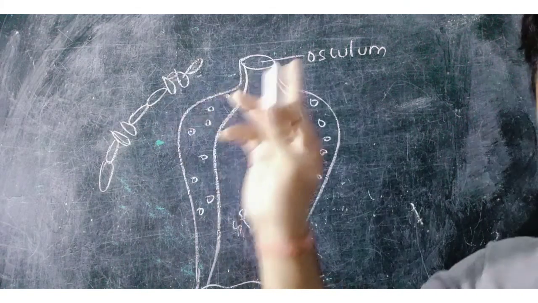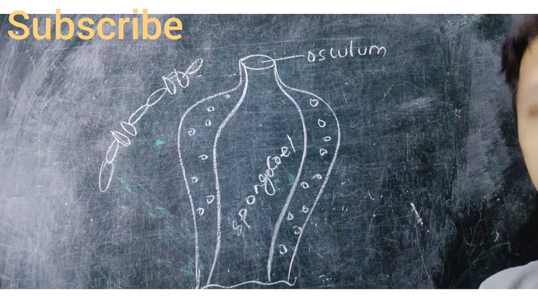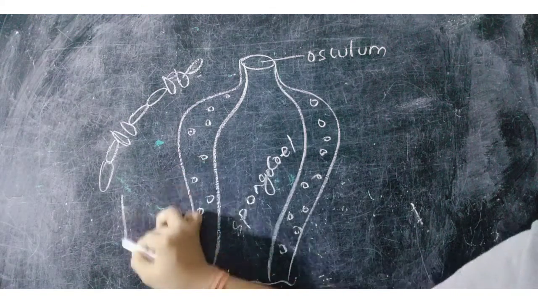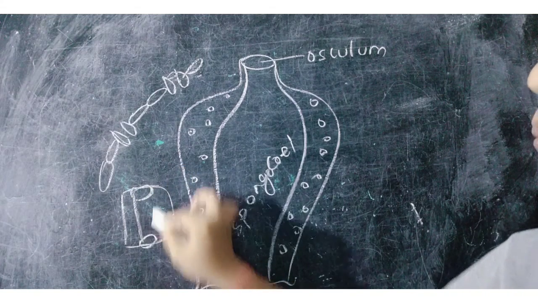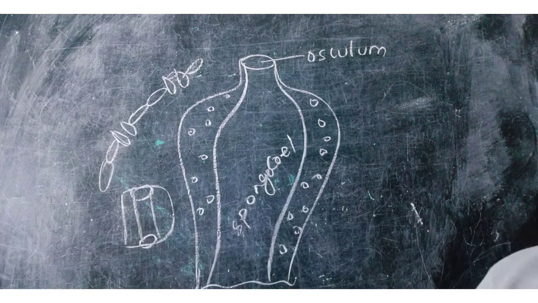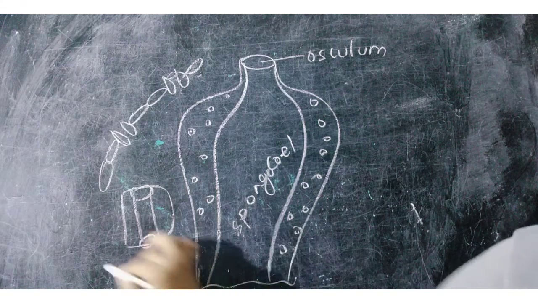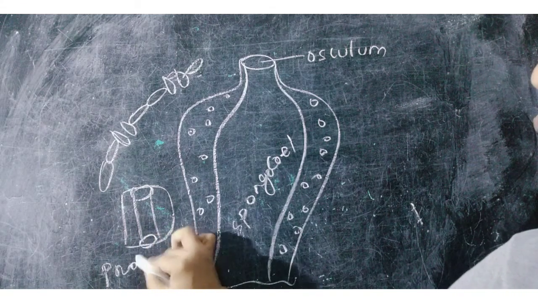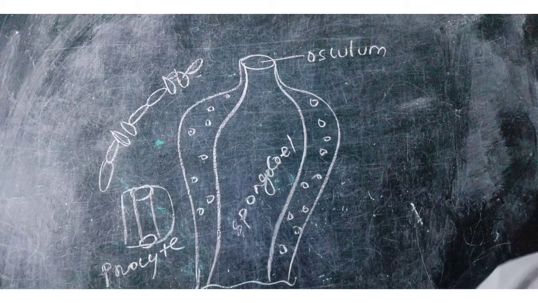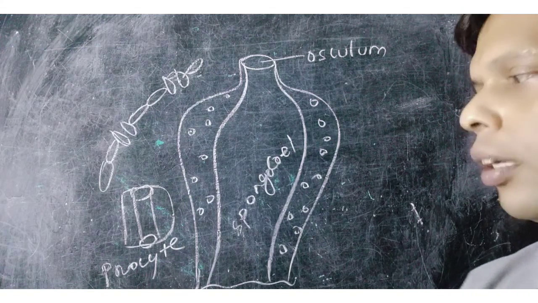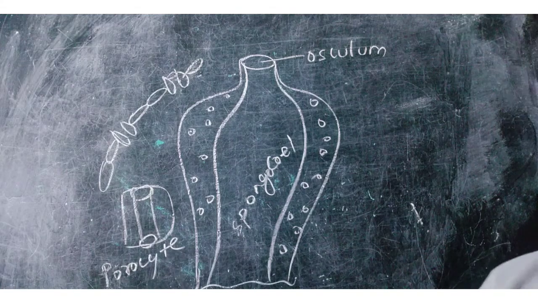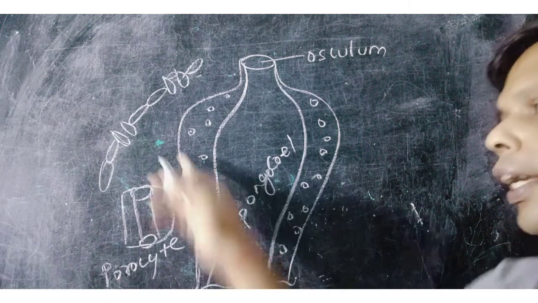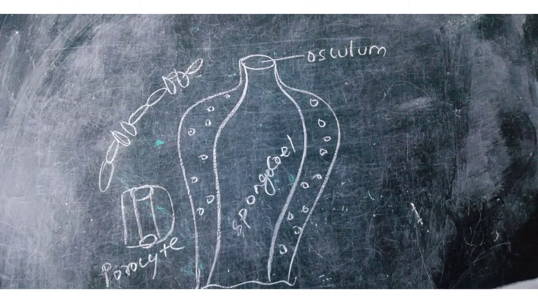The opening is due to the presence of another cell, whose cytoplasm bears a hole inside it. This cell is called the porocyte cell. The porocyte cell maintains the ostium on its surface.